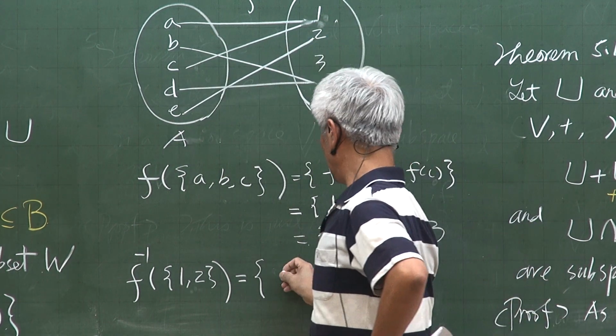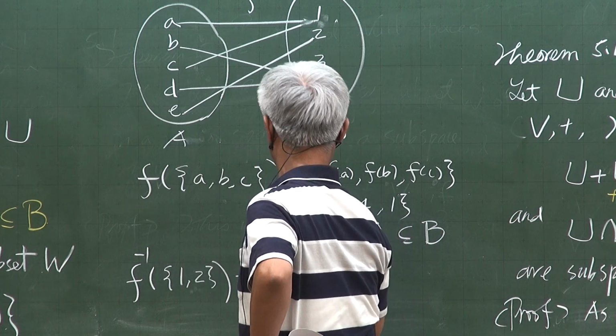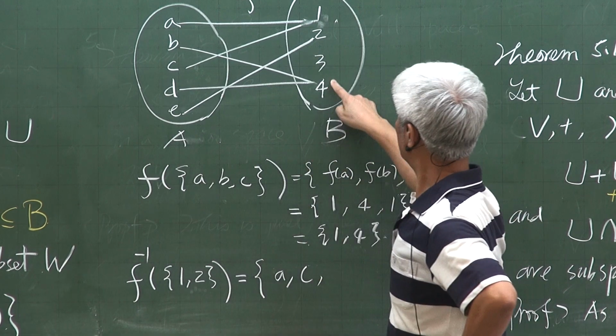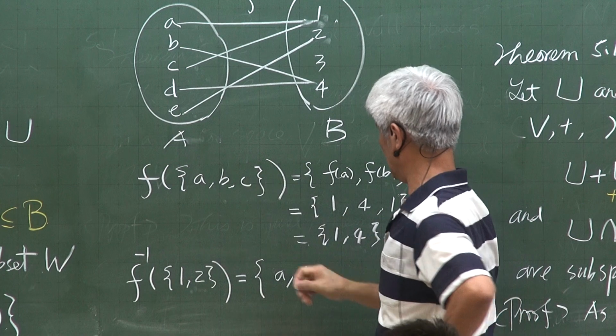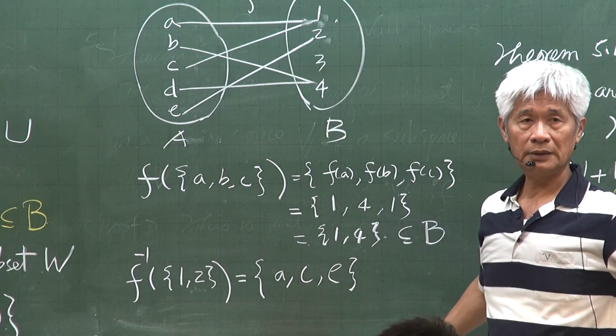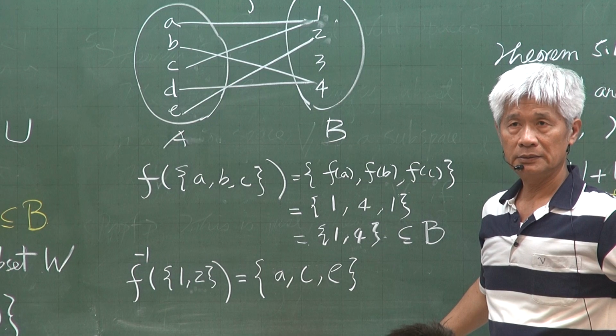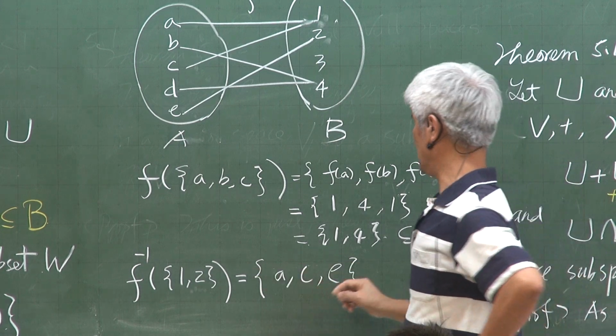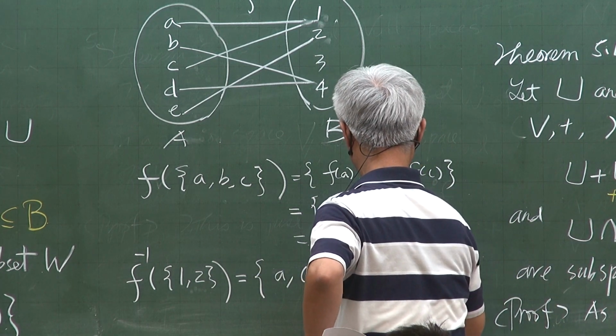So now we have A and C here. How about 2? Well, we have E here. Alright, so the inverse image is a subset of the domain.